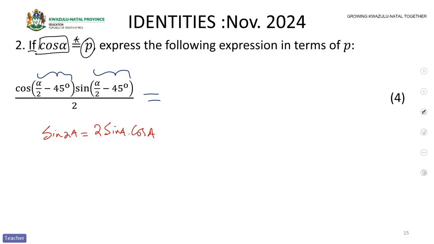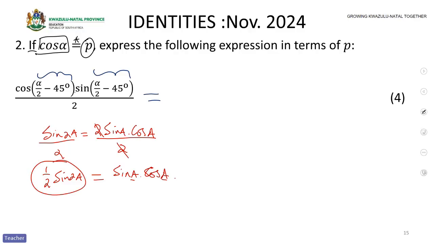However, if we manipulate the very same equation, dividing by 2 on both sides, this and this will give us 1/2 sin of 2a equal to sin a times cos a. So do you see that the angle here and the angle here are the same? Since the angles are the same, we can conclude that when we see this, we don't see this, but we see its identity.